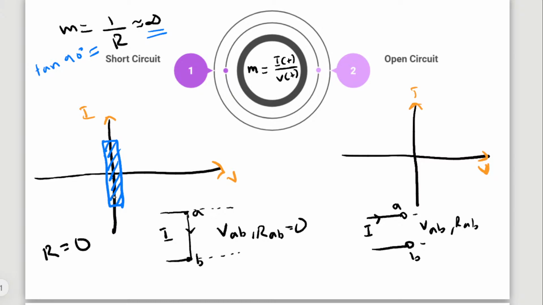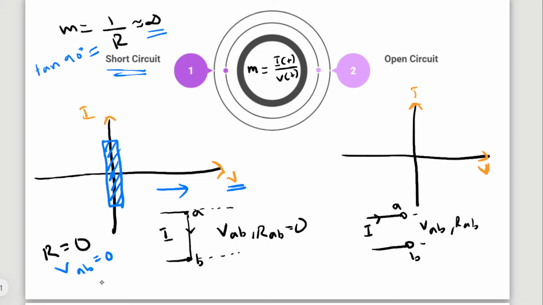So from this VI curve, let's understand short circuit. What is the value of V here? V is in this direction, so V is defined at this point. So in short circuit, VAB will be 0. If points A and B are short circuited, then VAB will be 0.